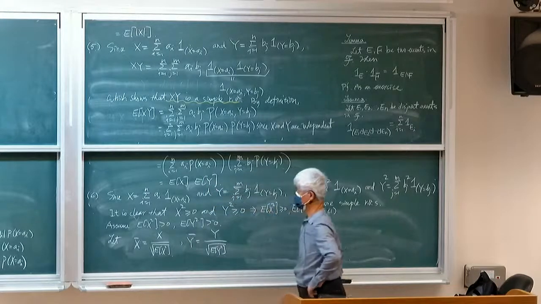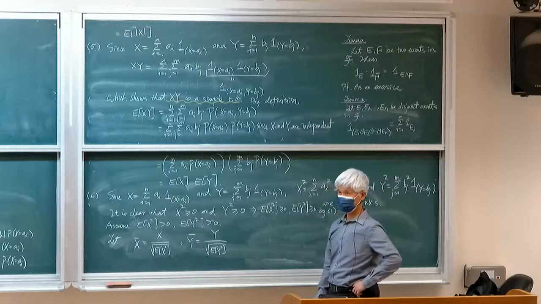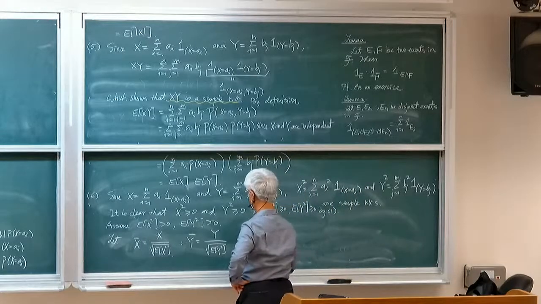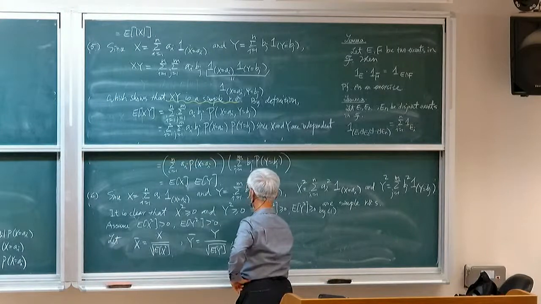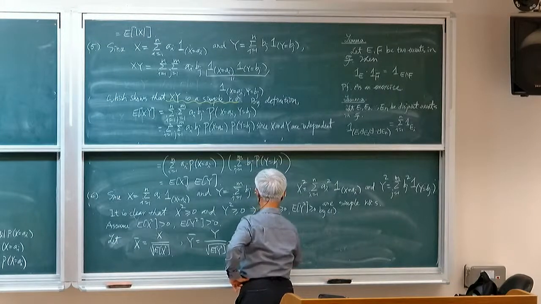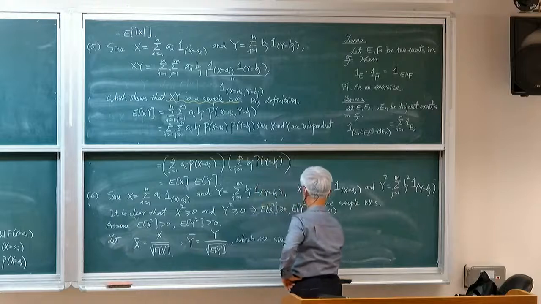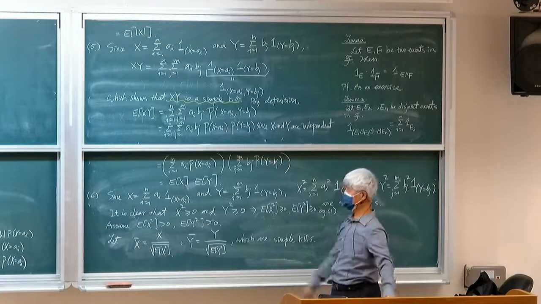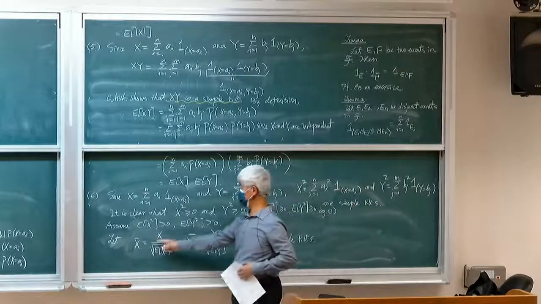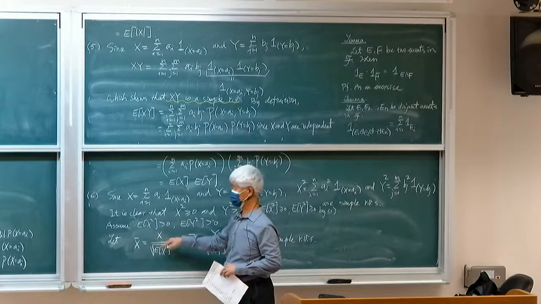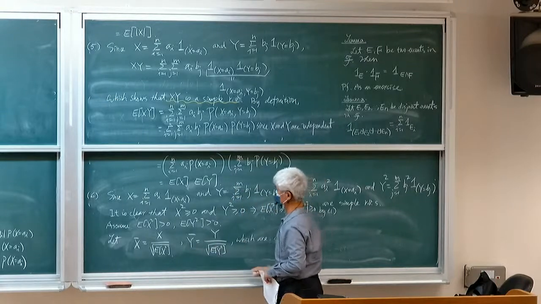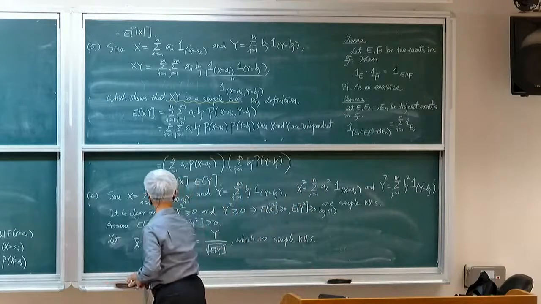These are simple random variables by property 2, because it's a linear combination, but we just scale them. So they are simple random variables.